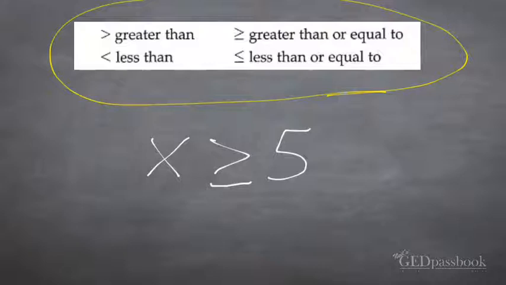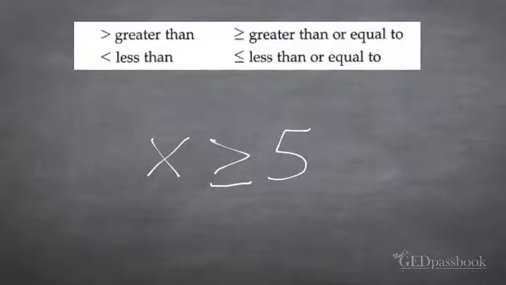So, these are inequalities, right? But in the quiz, for those of you taking your GEDs, you won't just be given a problem like this and be told, how would you say the expression? And then you say, oh, X is greater than or equal to 5.